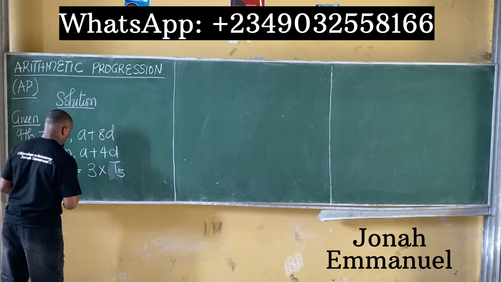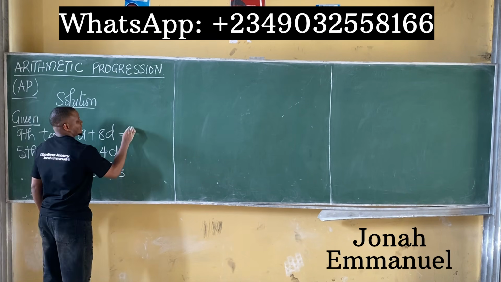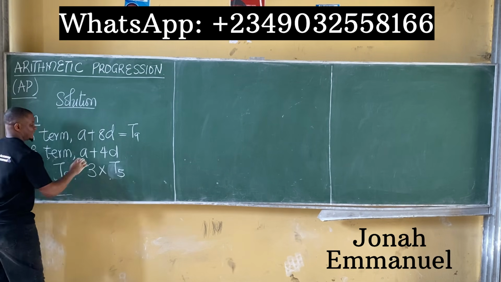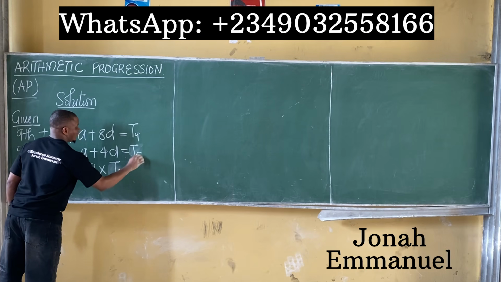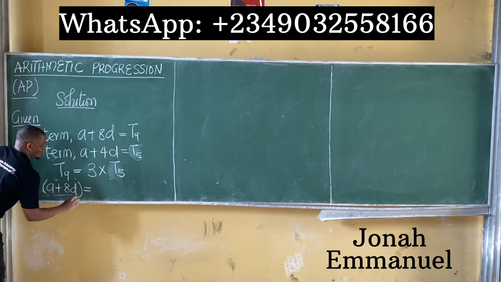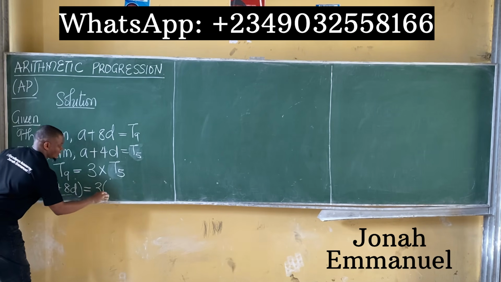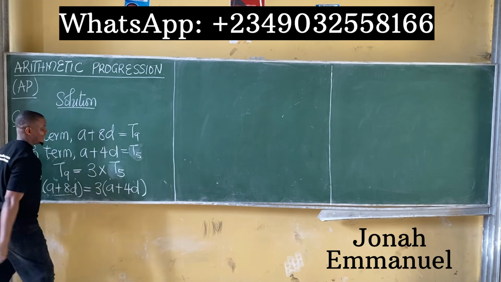Let's replace the values. T9, the ninth term, is A plus 8D, and T5, the fifth term, is A plus 4D. So the ninth term, A plus 8D, is equal to 3 times the fifth term, 3 into A plus 4D.